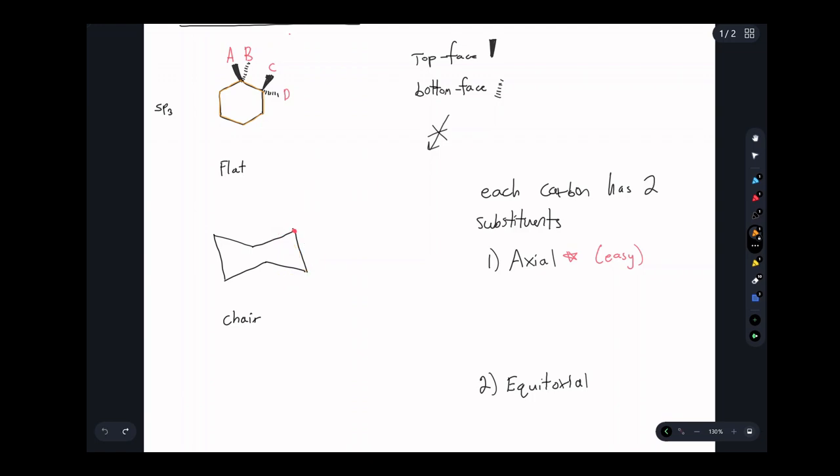Well, when it comes to the axial positions, if the carbon is going up, which in this case would be this carbon and this carbon, then the axial position goes up, and vice versa. So here we can draw the axial positions straight up on these carbons and straight down on the other carbons.